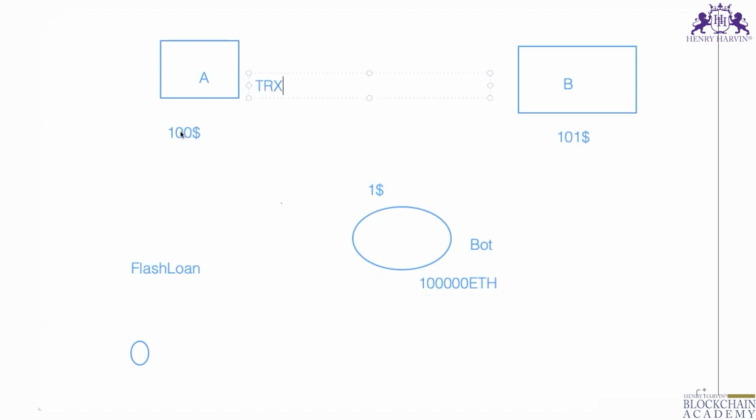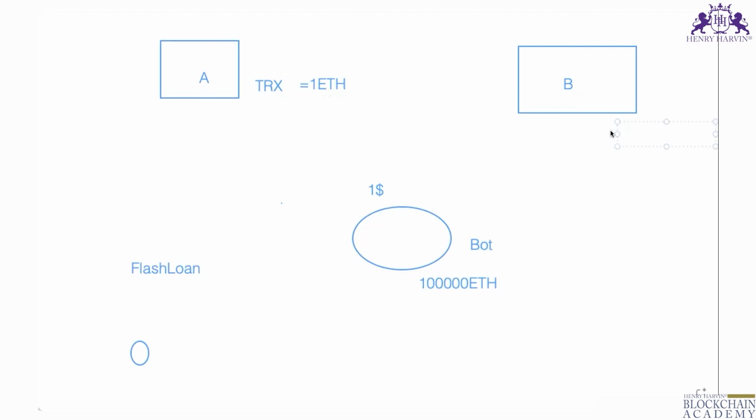Suppose this TRX token is purchased. The current TRX price is approximately one Ethereum, over here on this exchange.